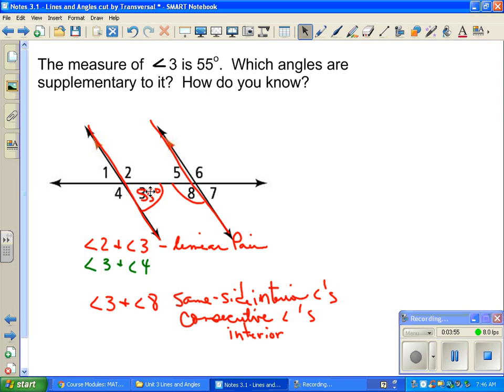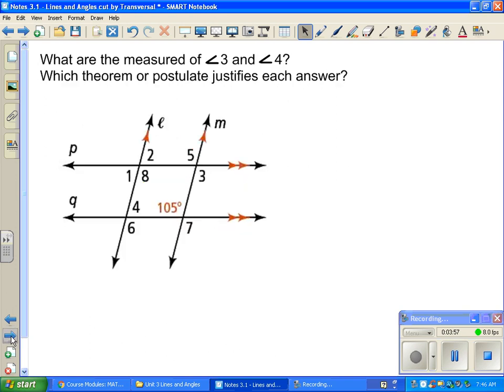So let's look at another example. It says, what is the measure of angle 3 and 4? Which theorem or postulate justifies each answer? And the justification here would be the name of the angle. So first of all, I'm given 105.